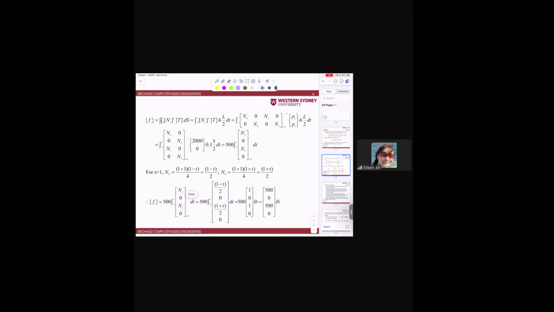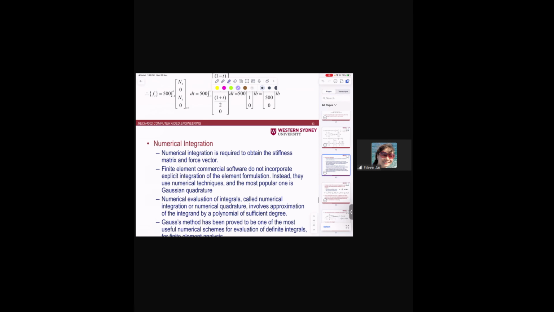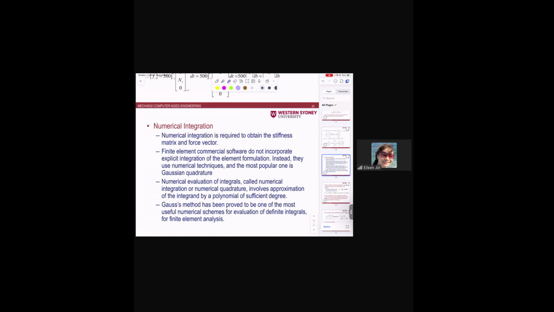The second row is the other way: 0, N2, 0, N3. Okay? Then after we finish the calculation, we can find the force in the s direction and t direction. Okay, so this is how we convert the pressure to the equivalent force.